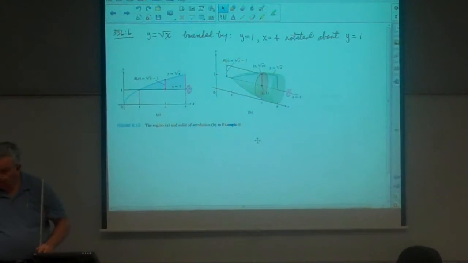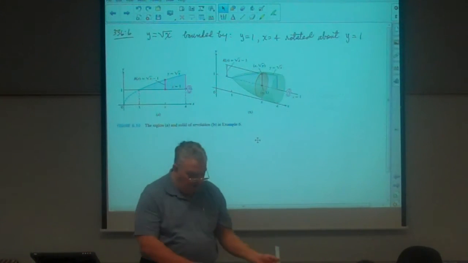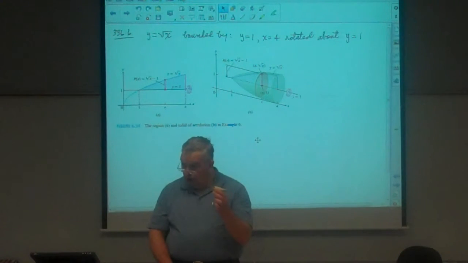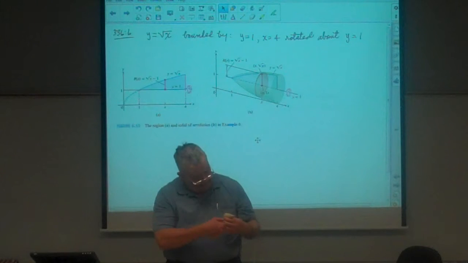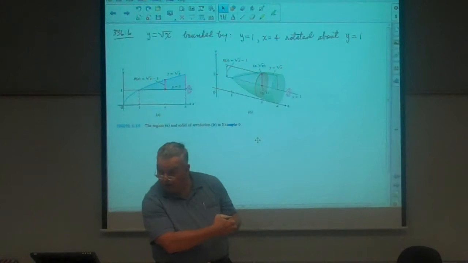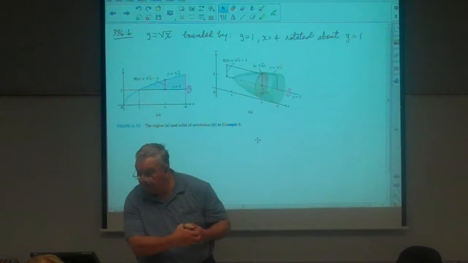Everybody agree? So what I'm going to do is take a saw and cut this thing off right about here all the way across. And I'm still going to rotate it, but I'm only going to rotate that much of it.